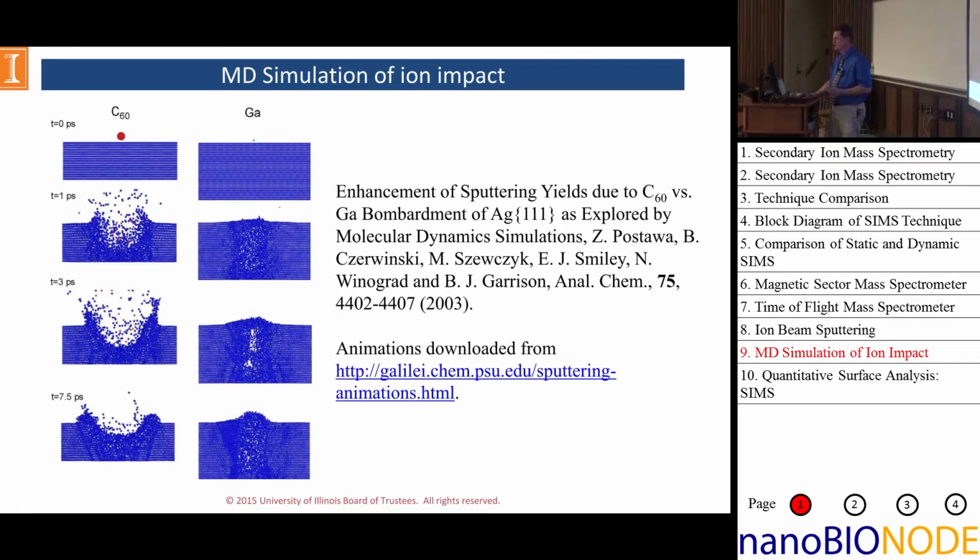She had done a molecular dynamics simulation to look at it, and so this is the gallium atom that's coming in and hitting our surface, and you can see the type of damage that comes out. If you were very quick, you could see the secondary ion that came out. So this is the amount of damage and the depth of the damage that occurs from a single ion impact.